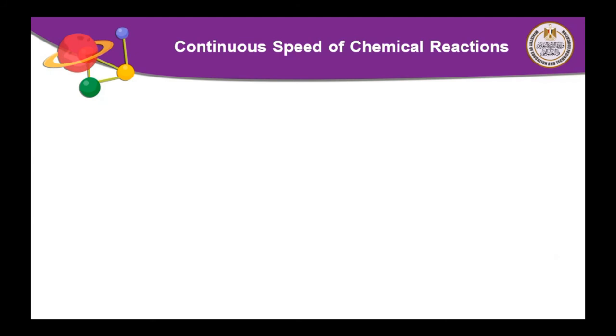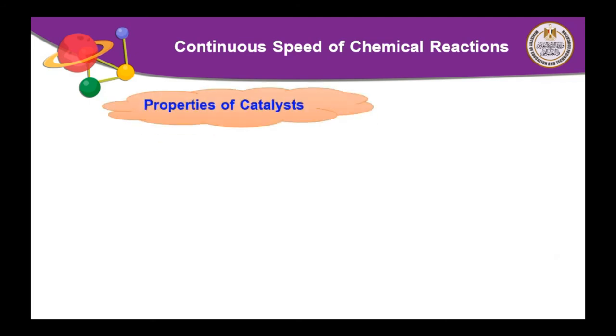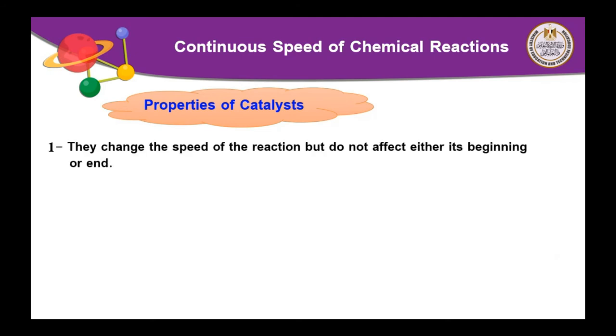In front of you, chemical reaction between hydrogen peroxide that decomposed into water and oxygen. Before knowing the catalyst used in this chemical reaction, we must know what are the properties of catalyst that is used in this chemical reaction.